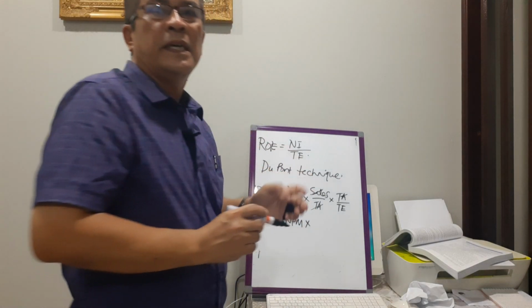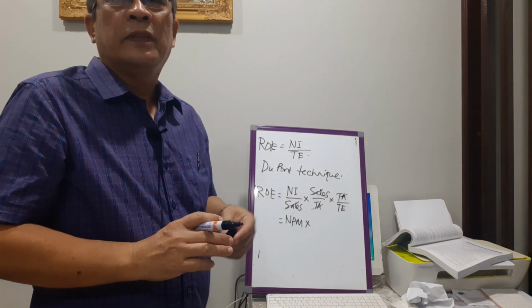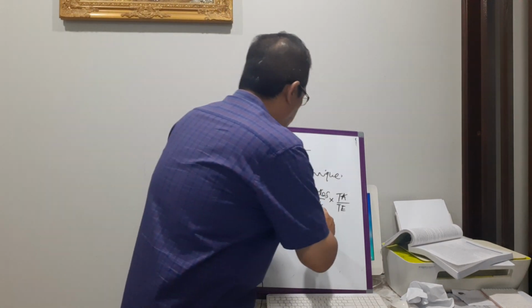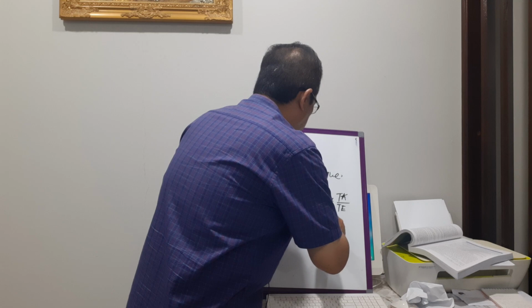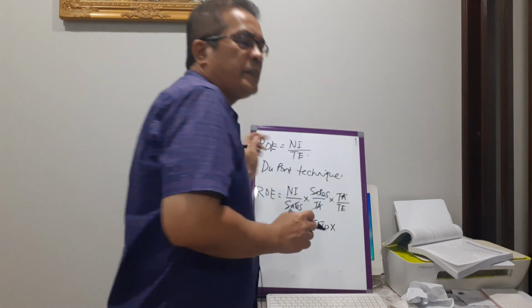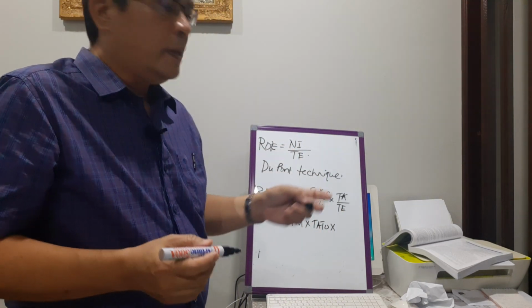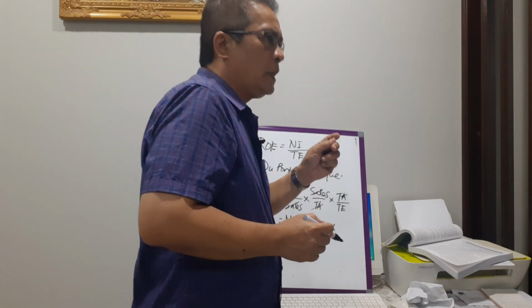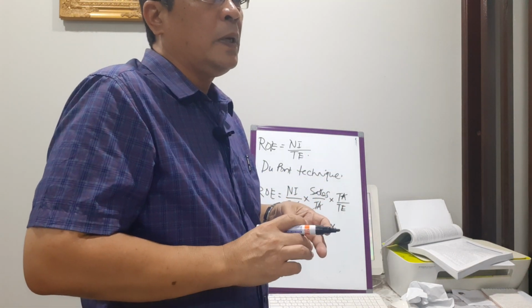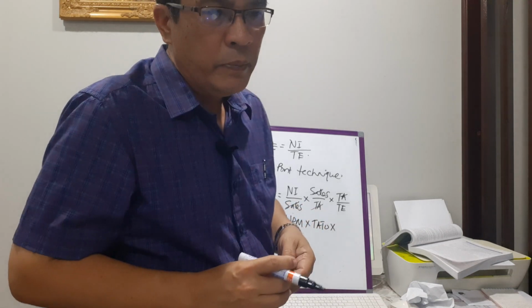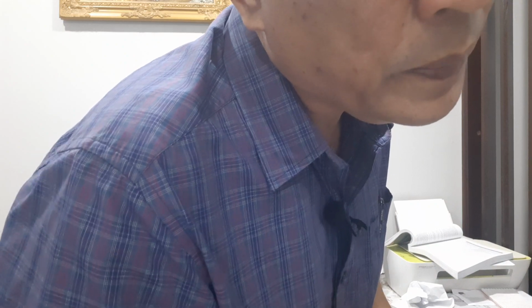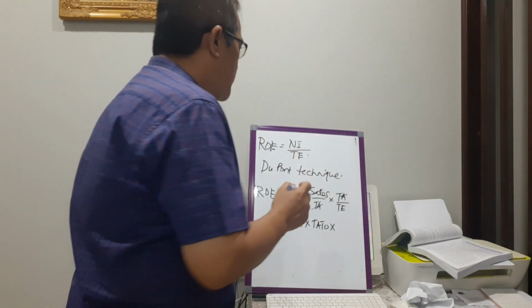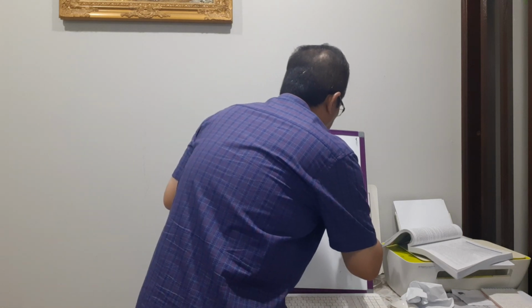Sales over total assets is known as total assets turnover, and total assets over total equity is called financial leverage, or sometimes the equity multiplier. I think it's an equity multiplier, but this is financial leverage.